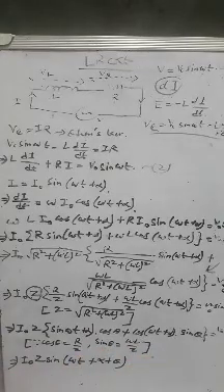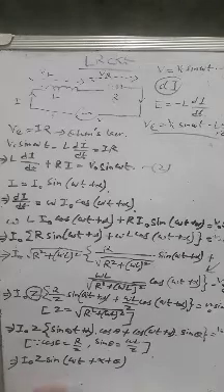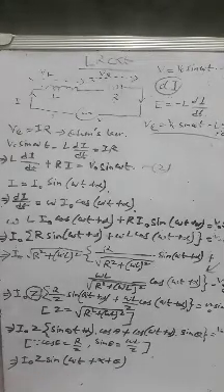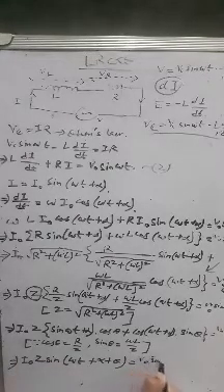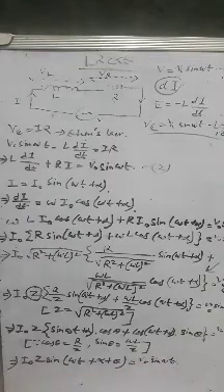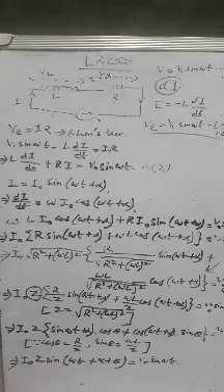This is nothing but sine A plus B, which is equal to sine A cos B plus cos A sine B. Hope you have learned this formula in the maths class, which is equal to the same thing, that is V naught sine omega t. Understood the derivation? Okay, so this is the full thing.